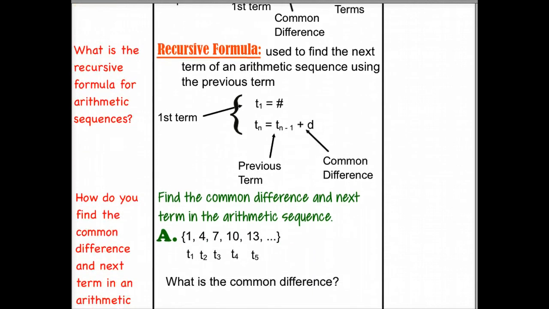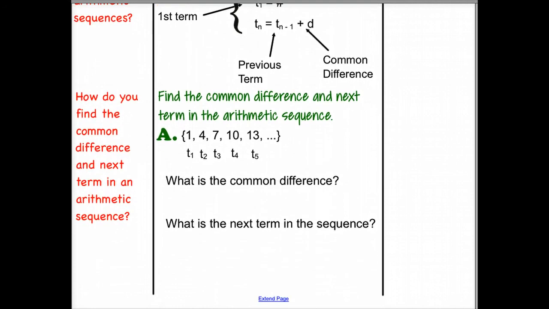So the first thing we want to look at is being able to find the common difference and the next term. Here I have a sequence of 1, 4, 7, 10, 13, etc. What we're going to do is look at how we get from t sub 1 to t sub 2 to t sub 3 to t sub 4 to t sub 5, and so on. To get from 1 to 4 is plus 3.